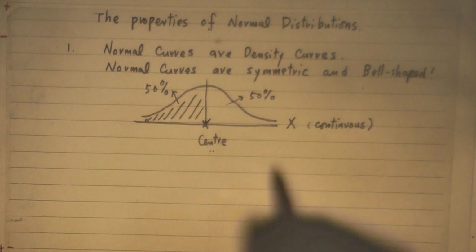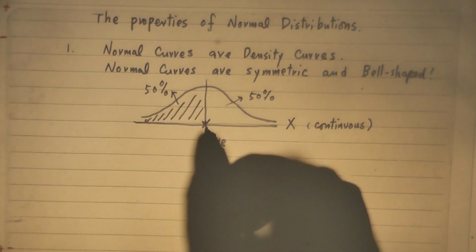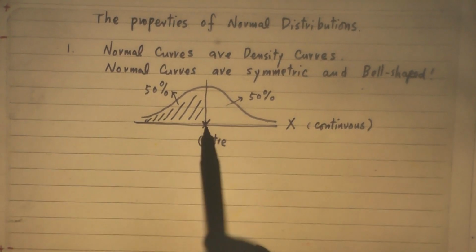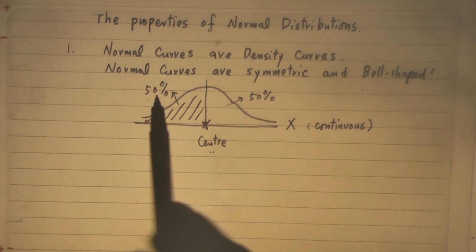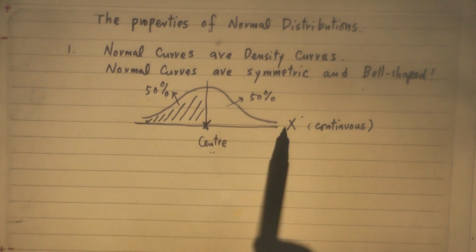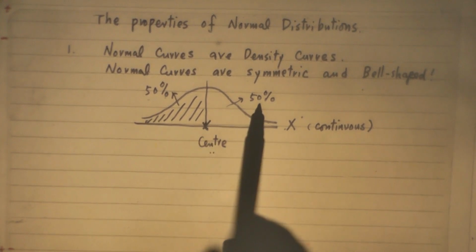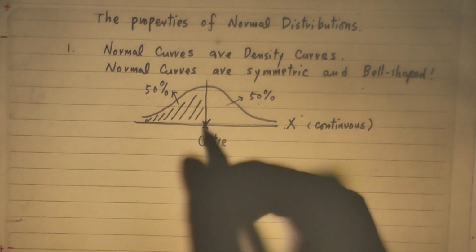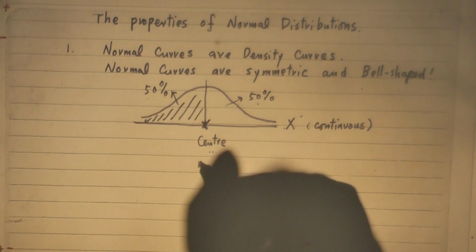Now, what do you know about this point here? 50% of observations are less than or equal to this number, and the other 50% of observations are greater than or equal to this number. So this number is what we call the median.